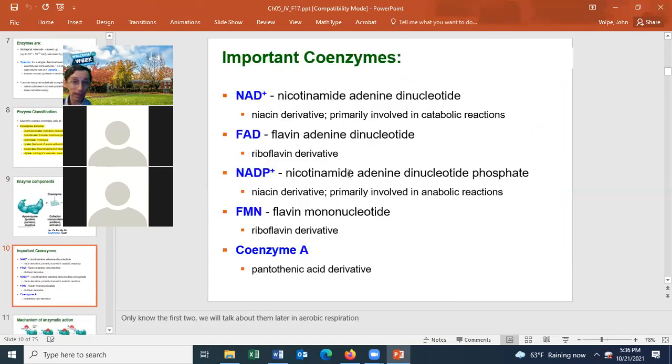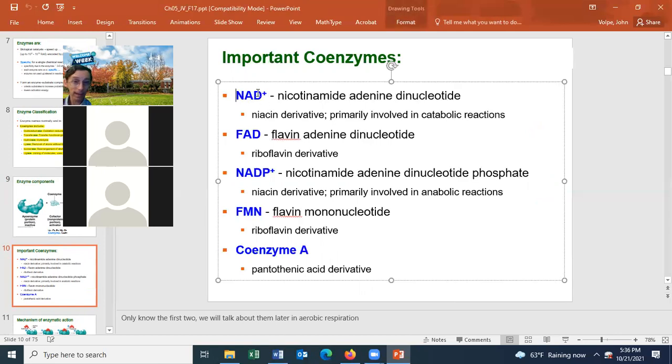Some important coenzymes are NAD, NAD+, and you can know it by that name, or by nicotinamide adenine dinucleotide. I'm sure most of you will call it NAD+. We will talk about this one because you run into it in aerobic respiration. FAD, or flavin adenine dinucleotide, is also one we'll talk about because we'll run into it in aerobic respiration. The other coenzymes we're not going to talk about.